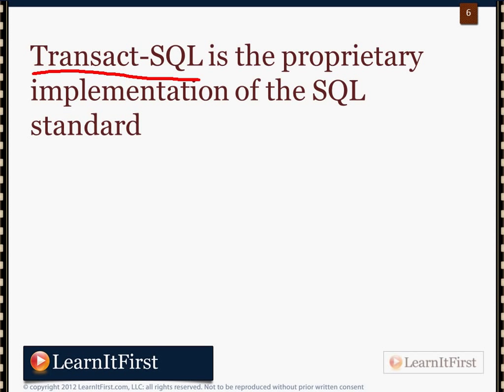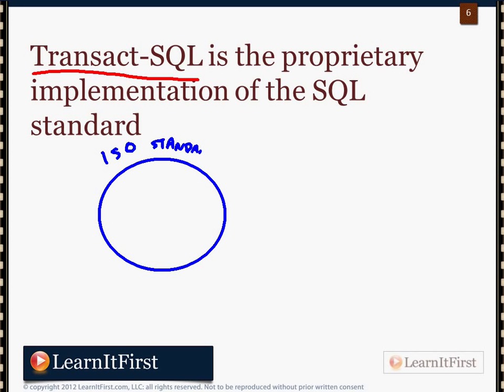Here's how I describe it. Imagine just a circle that encompasses the ISO standard. So this is everything that the standard says is valid SQL. Now here comes Microsoft, and Microsoft says, well, we'll implement some of that.